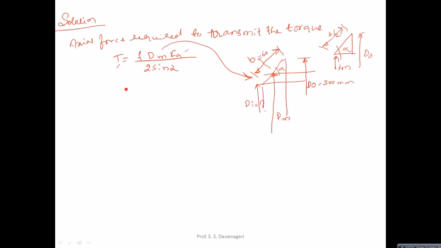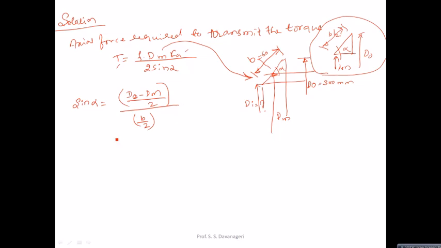B by 2. Now this dimension is dm. This dimension is d naught. Now this is alpha. Now we can calculate the value of dm. Based on trigonometry, or based on this triangle, what will we get?